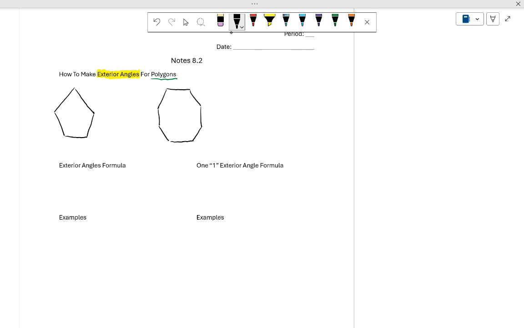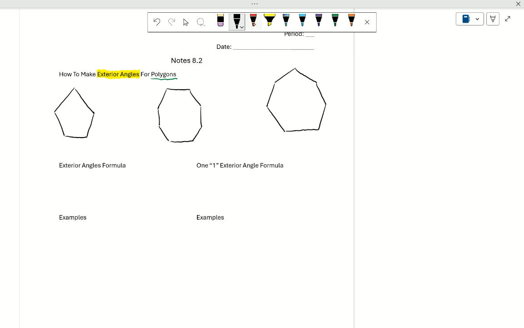And let's go ahead and draw, let's do a heptagon, a 7-sided shape. I'm not very good at drawing heptagons, so hope for the best here. Okay, not great, that's okay.